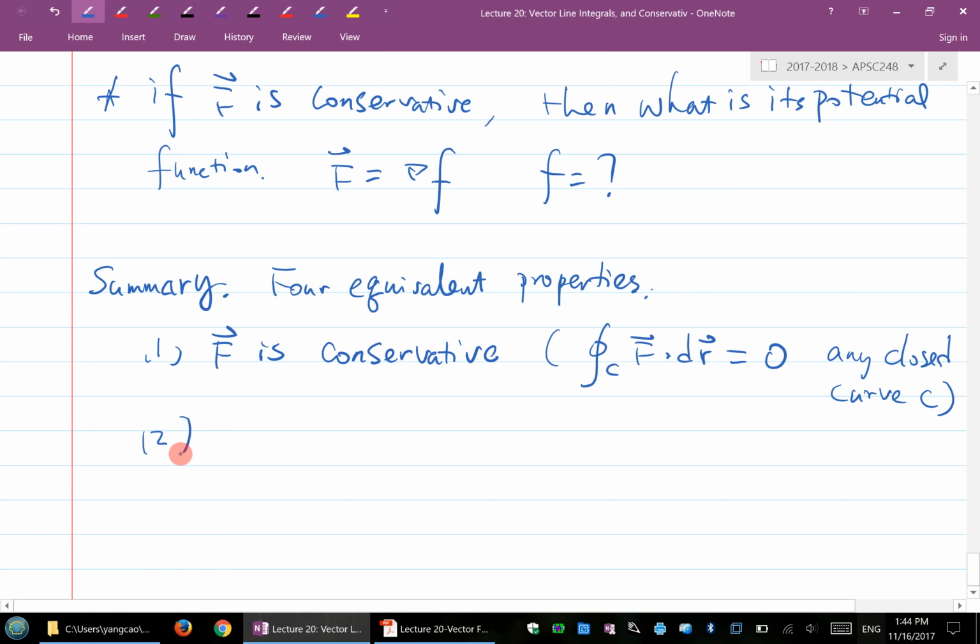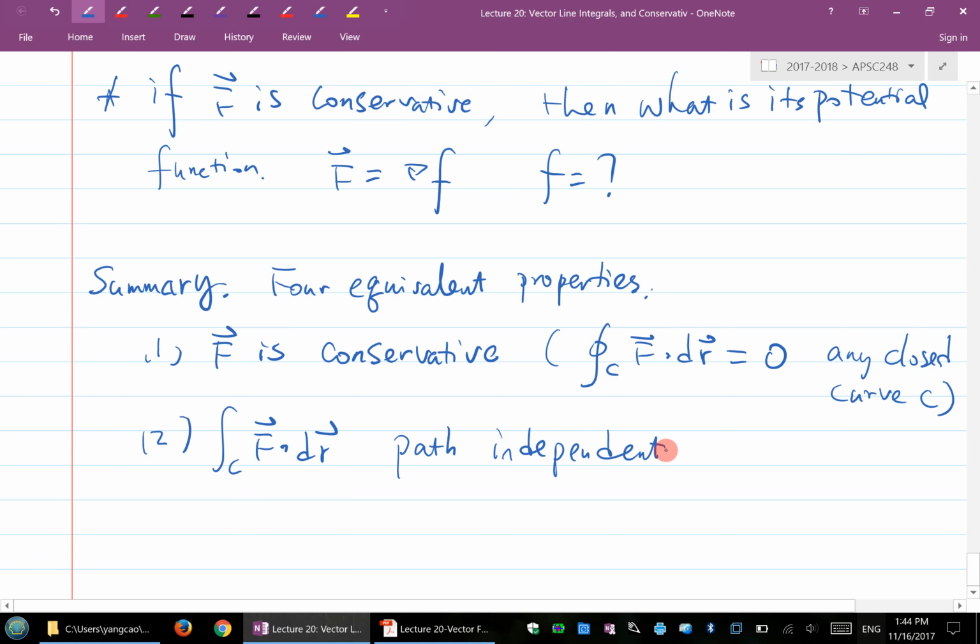That's the first statement. And second statement, if curve C is not closed, then you integrate over this curve C, but this integral here is path independent. It only depends on the starting point and the ending point.